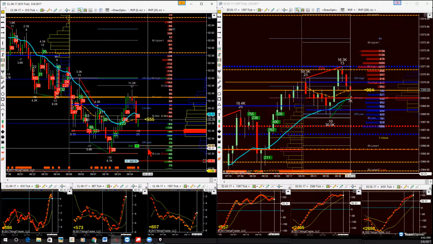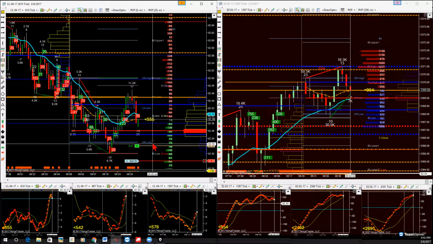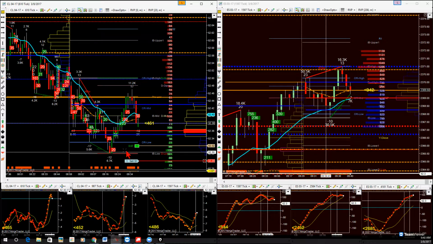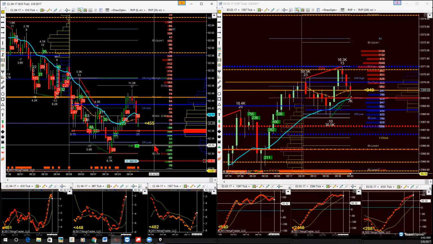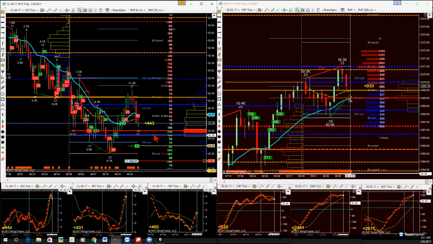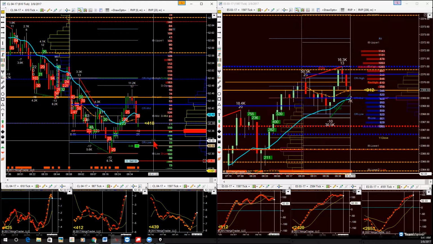Meaning, I wouldn't want to be shorting if we came down here, so why would I want to close my position? As long as we hold that positive divergence, we'll look to add into our trade on a push back down.